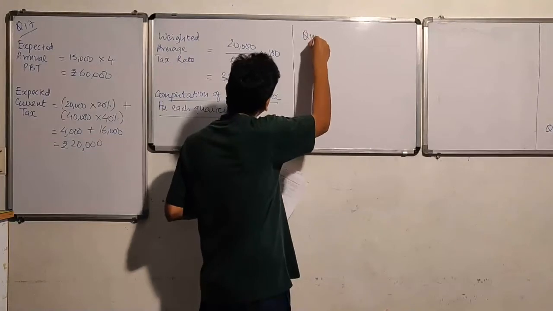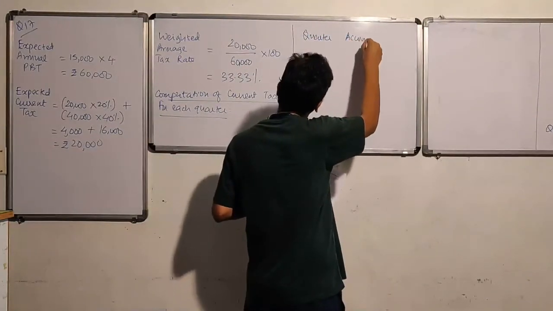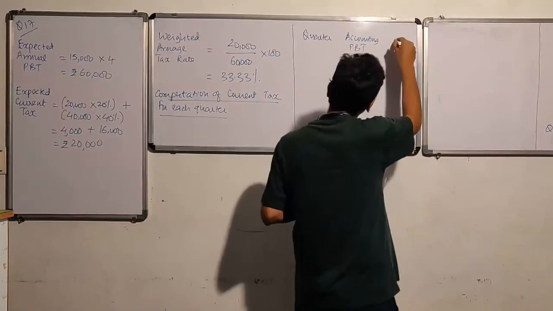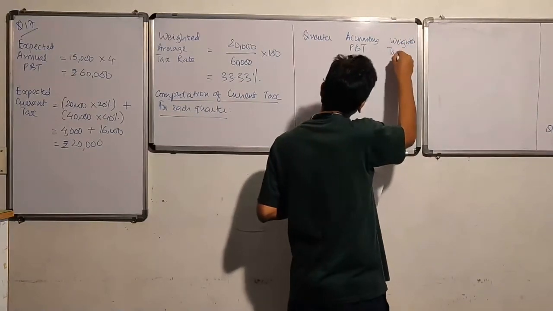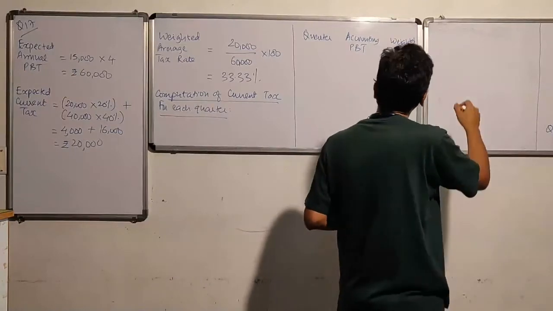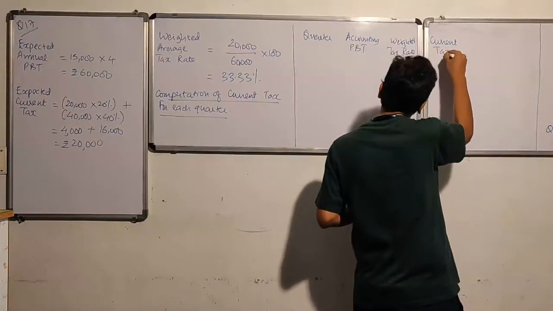Yes, we prepare a table, we say quarter, accounting profit before tax, weighted tax rate, and finally the current tax.